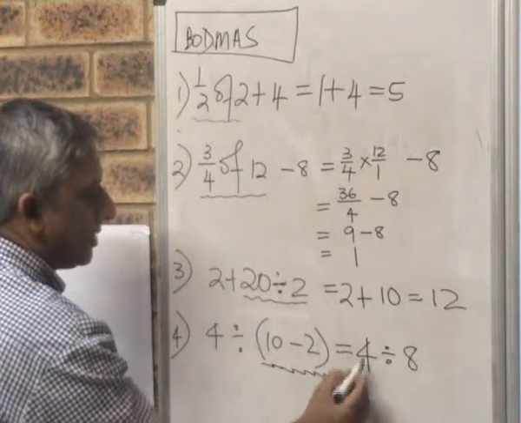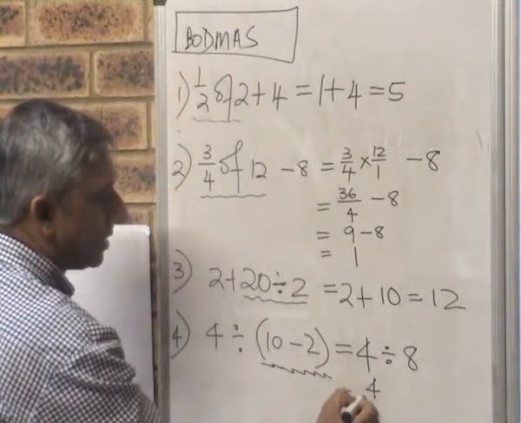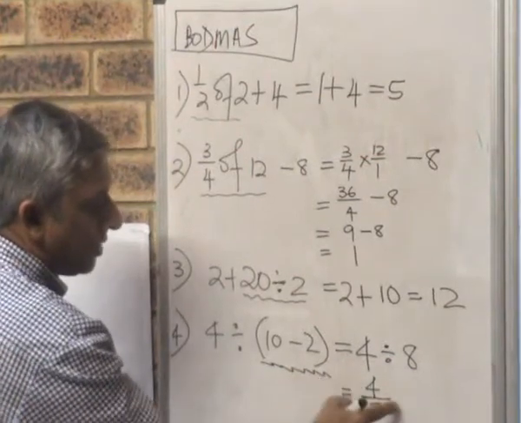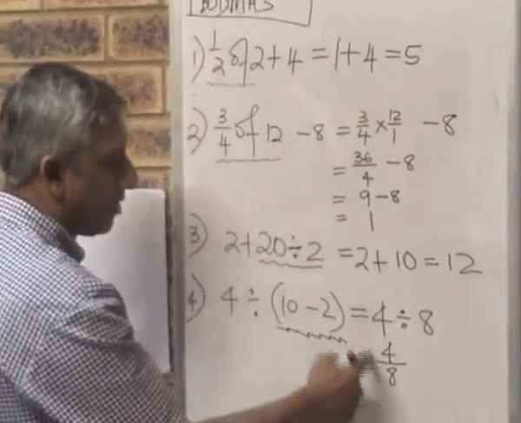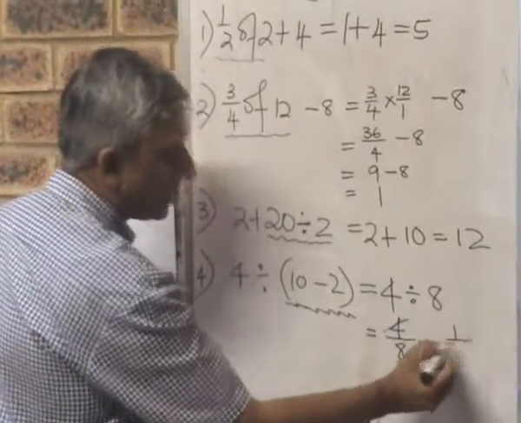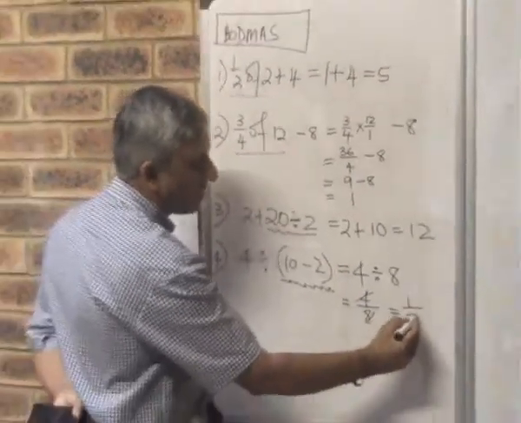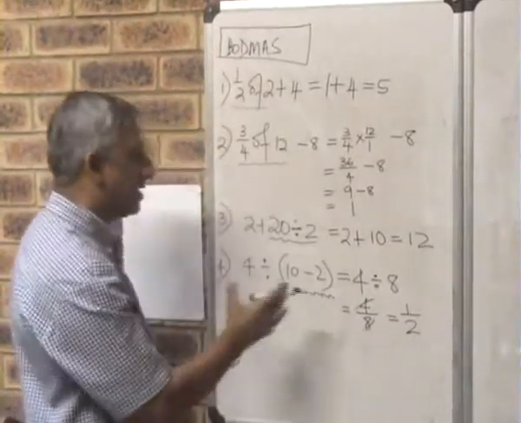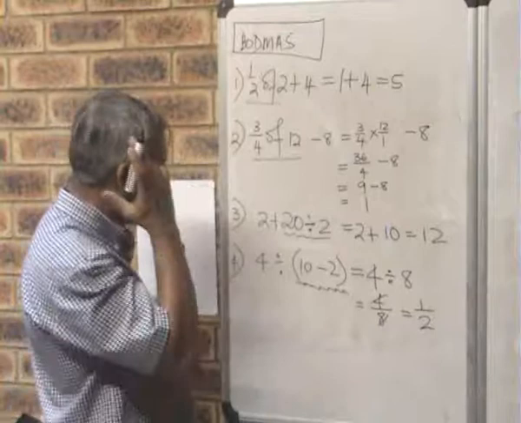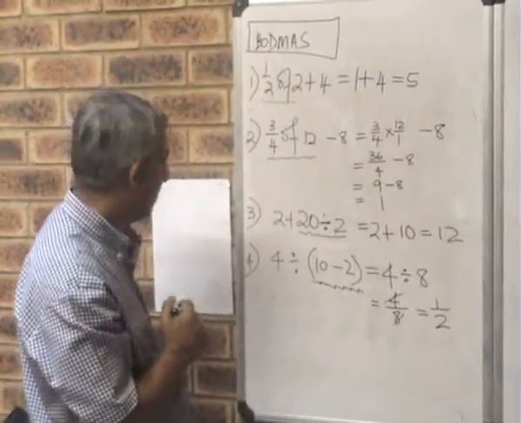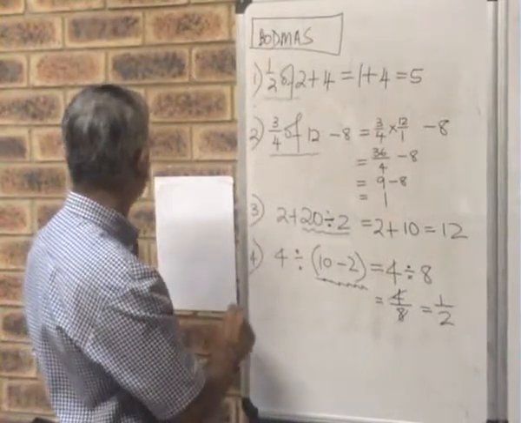Now be careful. This is 4 divided by 8. So the 4 is on the top, divided by 8. Now 4 divided by 8, you know that 4 divides into 4 one time, 4 divides into 8 two times. Now some of these examples are done in this way so that you can revise a little bit of fractions and you can revise a little bit of integers.